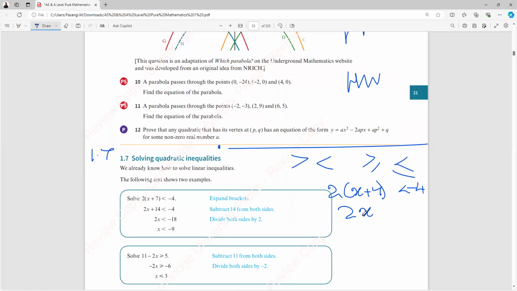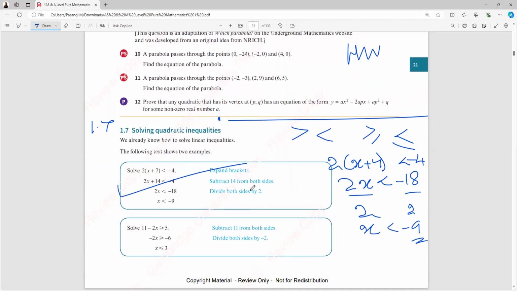To get the inequality solution for x, we have 2x is less than minus 18. We have to divide both sides by 2. Then we have the solutions range: x is less than minus 9. That's what we have here.